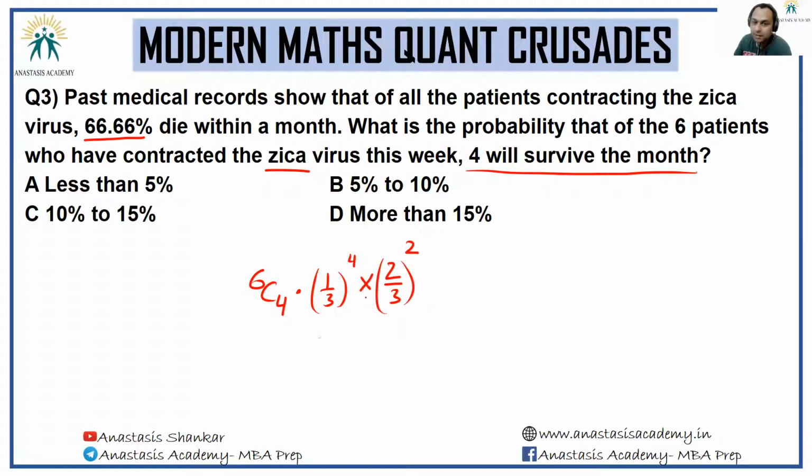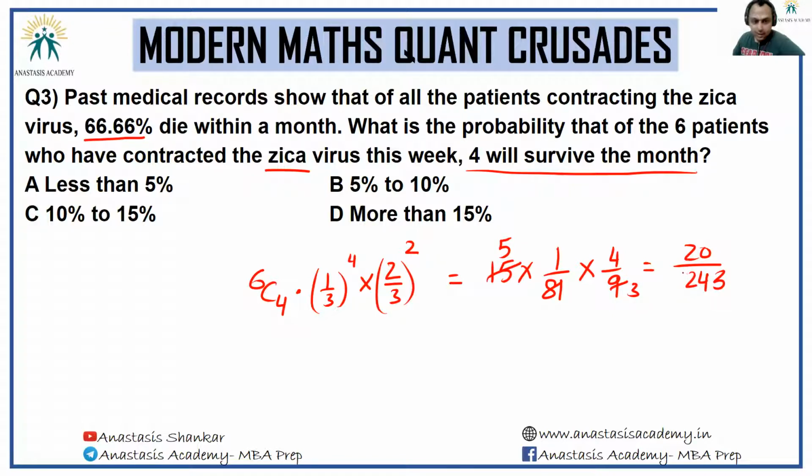This is what we are finally working with. So now we have 15 into 1/81 into 4/9. I can cancel this to get 5, and this to get 3, and now we have 20/243.